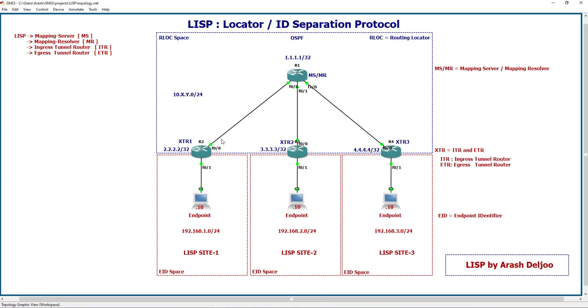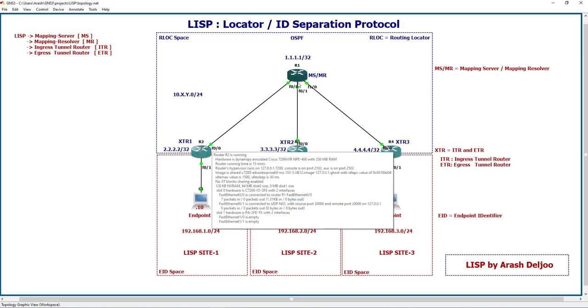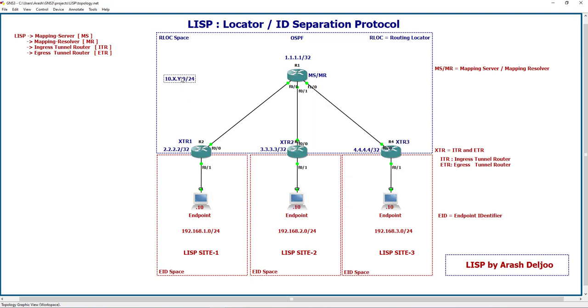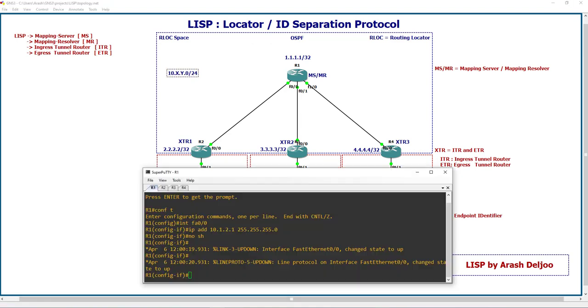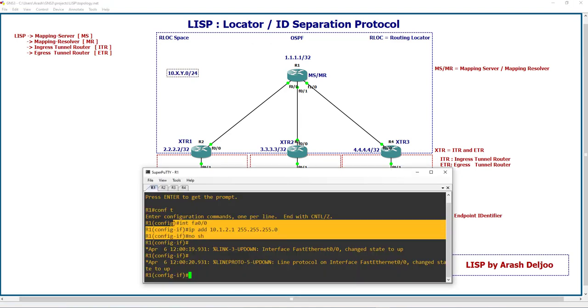Because of that, this link's range is 10.1.2.0/24, and the interface of router 2 is 10.1.2.2, and the interface of router 1 is 10.1.2.1. Okay, let me continue the configuration.